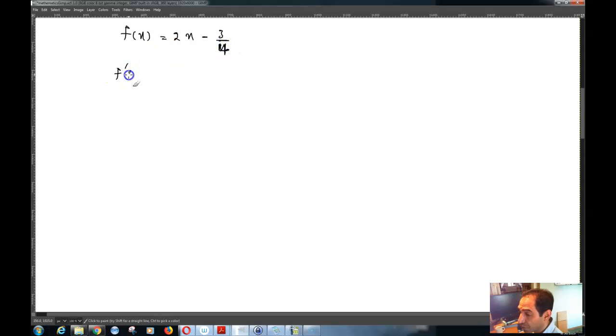So f prime of x would be equal to basically d by dx of 2x minus d by dx of 3/4. Now d by dx of 3/4 is equal to 0.